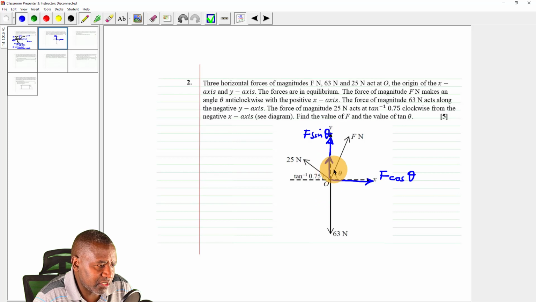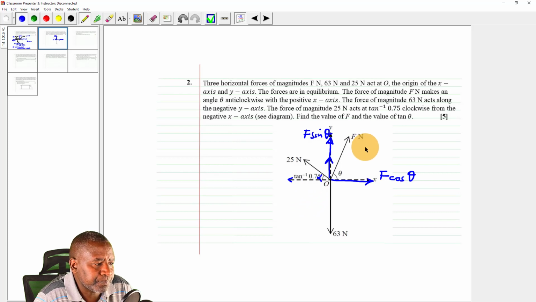Then I get this 25 Newton force. I resolve it vertically upwards. First of all, I'm going to resolve it this way, because I'm going to say that this angle here, let me just call it alpha.